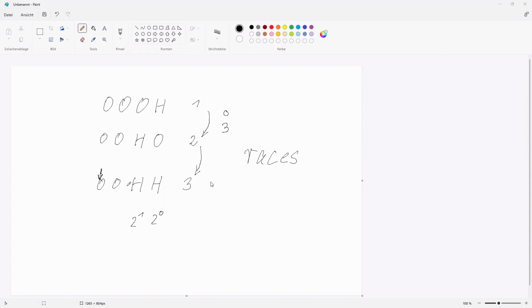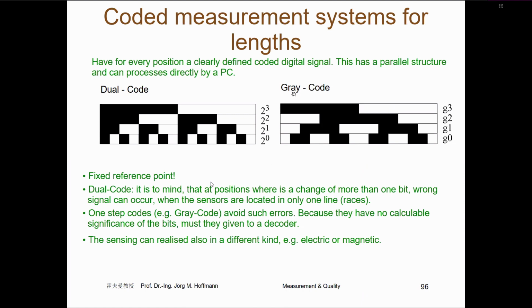And therefore, we can work with the so-called gray code. The gray code is a code where every time only one bit changes, so that you can never have races. The disadvantage is that this is more like a picture.